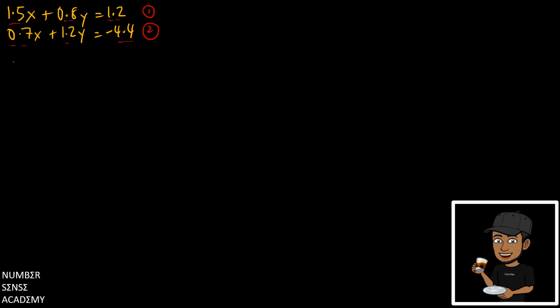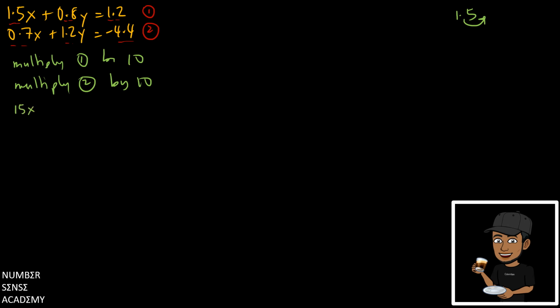I'm going to multiply equation 1 by 10, and I'm also going to multiply equation 2 by 10. And if you're not comfortable, just use your calculator. When I multiply by 10, that means I'm moving the decimal to the front, and I'm going to do that for all of these.